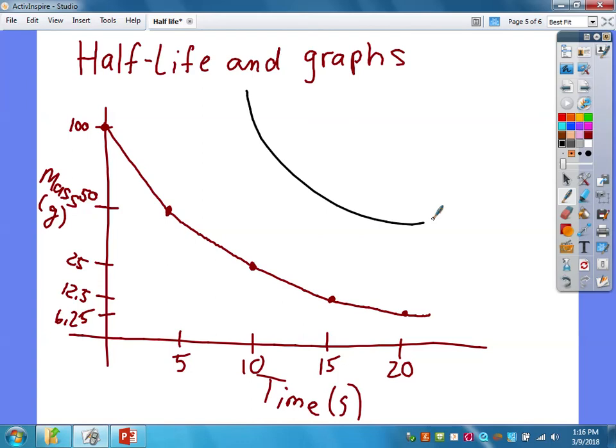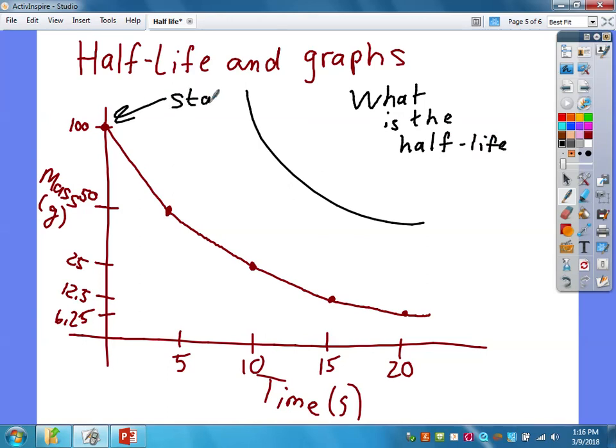They'll usually give you a graph, and the primary question would be, what is the half-life? What you do is start at some amount. I'm going to start at 100. What's half of 100? It's 50. As it goes from 100 to 50, that would be 1 half-life.